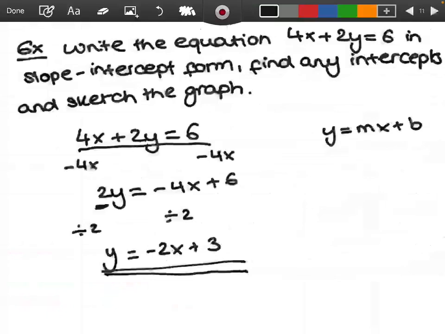Completely up to you which way you want to do it. I'm going to do this for the slope-intercept form just to keep it consistent with what's going to happen with the rest of this chapter, but feel free to plug in y is equal to 0 into this equation here. You're still going to get your same answer for x regardless of which one you put it into. It's totally fine. I'm actually going to put it into this one just to keep it consistent with what we're going to be doing in future chapters.